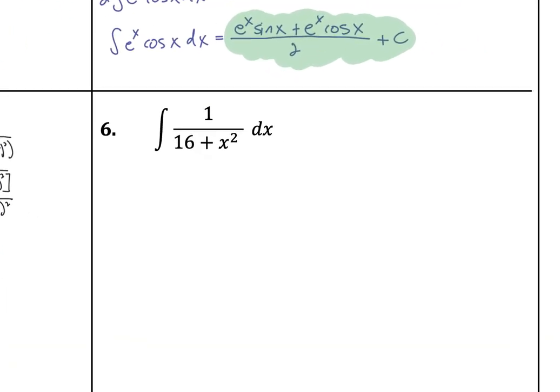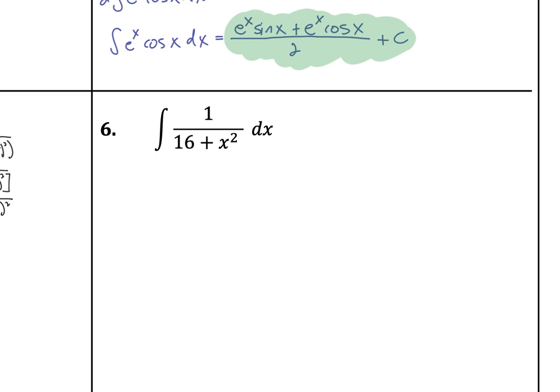Okay, next one. You should see this is inverse tan. It's not factorable, so you can't do the partial fractions, the A and B thing. It's not completing the square because you need an x term in order to do that. Wait, do you? Yeah, you do.